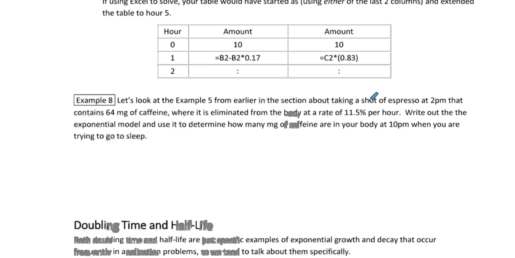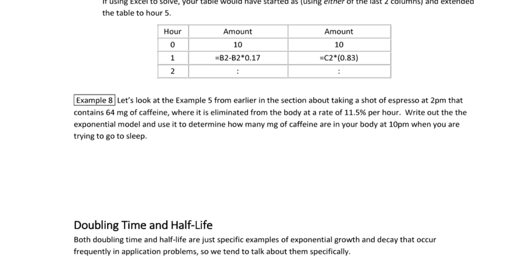So we had this last time. We start off and we take a shot of espresso, and we are going to initially ingest 64 milligrams of caffeine, and it's being eliminated from the body at a rate of 11.5% per hour. All right, so let's take a look here.